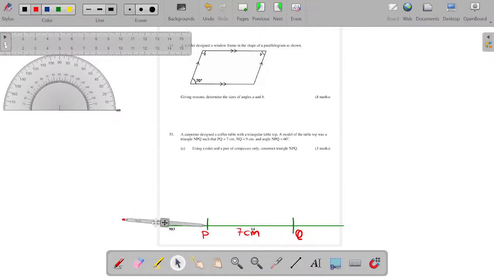I'll put my sharp point at P, like that. Then let me do this rotation. Let me reduce the size of my compass.